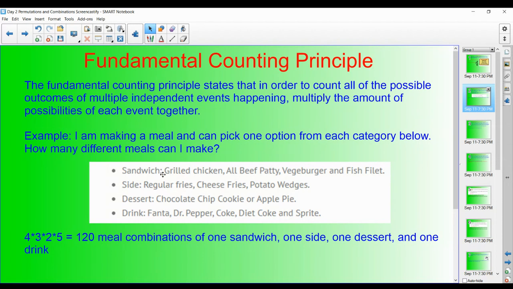There are four sandwiches, three sides, two desserts, and five different drinks. I can multiply 4 times 3 times 2 times 5 and get 120 different meal combinations where I pick one from each category. And that's what the fundamental counting principle states.